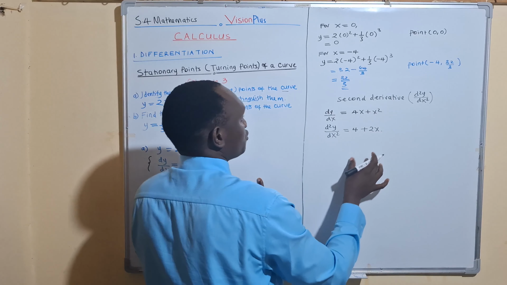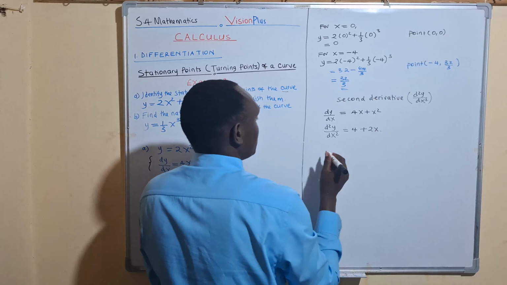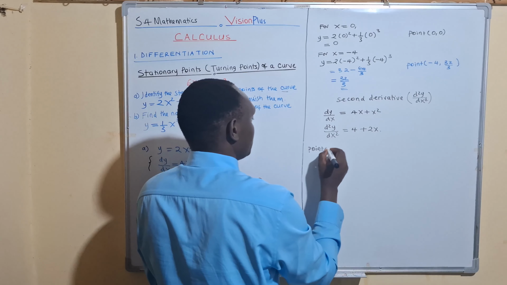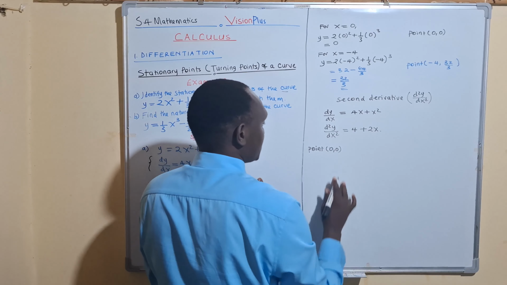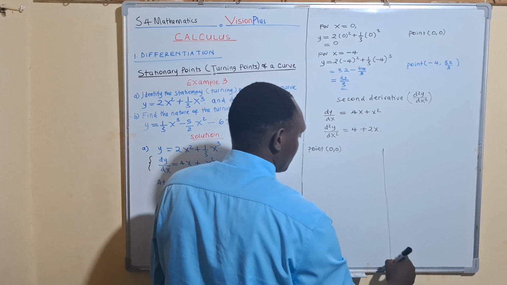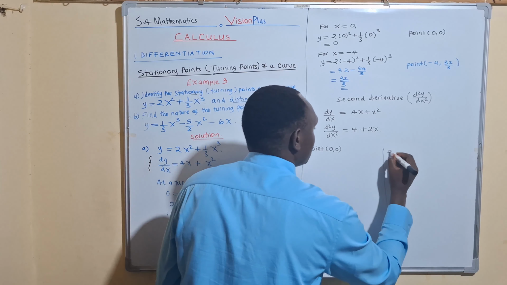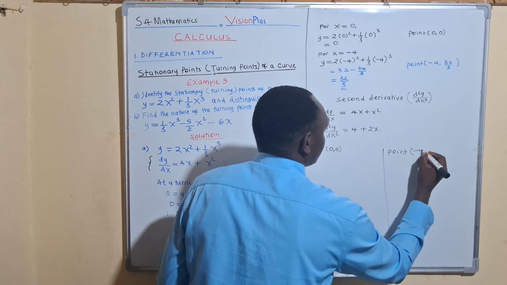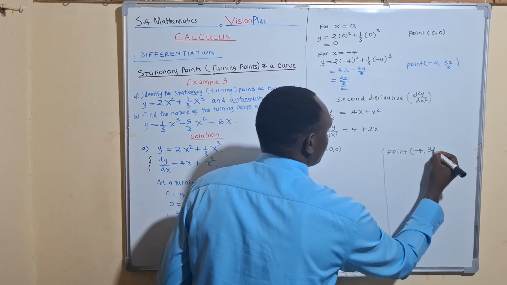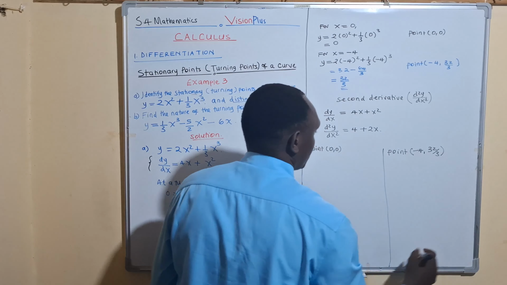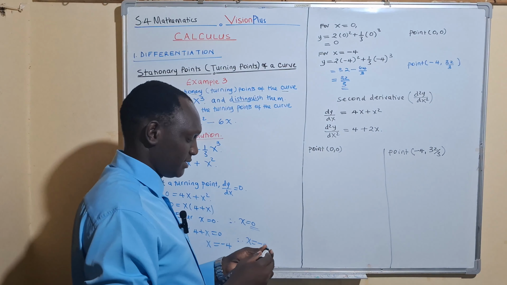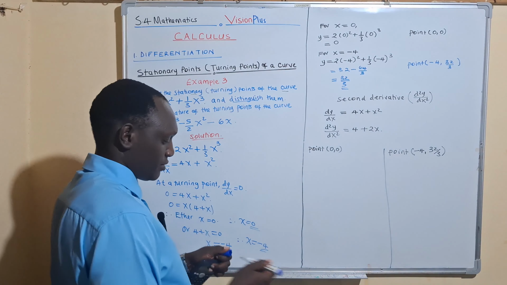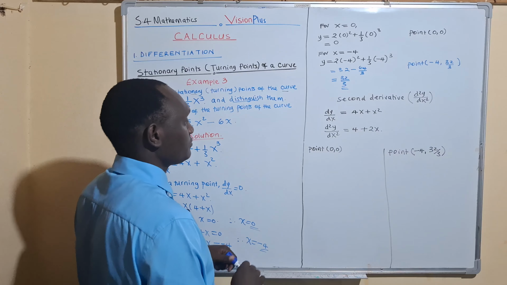Now we need to test for the 2 points. For the first point, which is (0, 0), and for the second point, which is (-4, 32/3), we test whether it is maximum, minimum, or point of inflection.